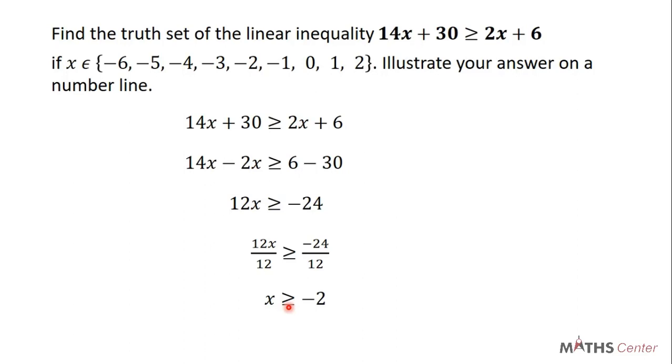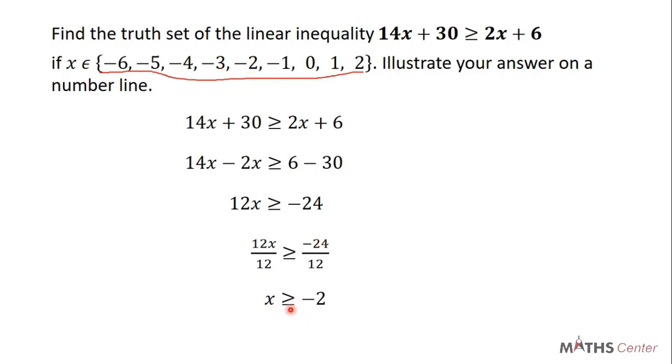Now let's move on to the next part of our question. The question says that x belongs to this set, the set given to us. What the question is telling us is that the answer x belongs to this set.